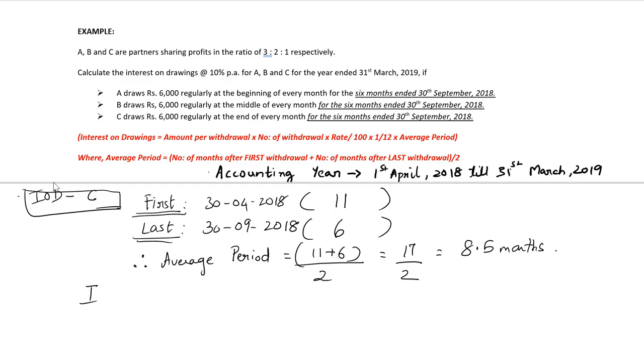Let's apply the formula to get the interest on drawings. Amount per withdrawal rupees 6,000. Number of withdrawals 6. Rate by 100 is 10 by 100 into 1 by 12 into the average period, which is 17 divided by 2.